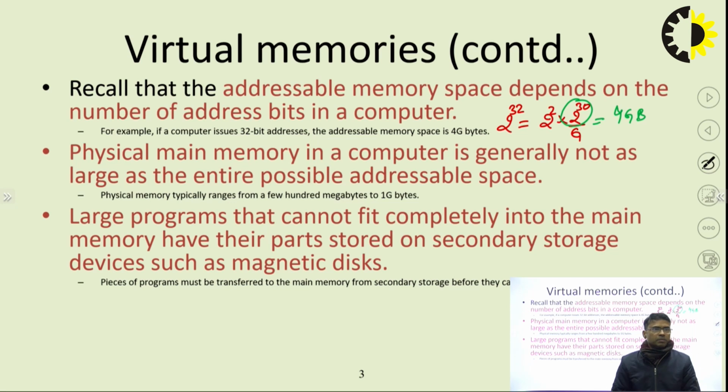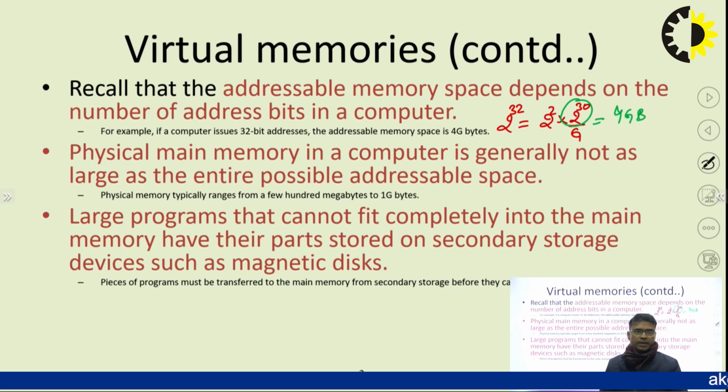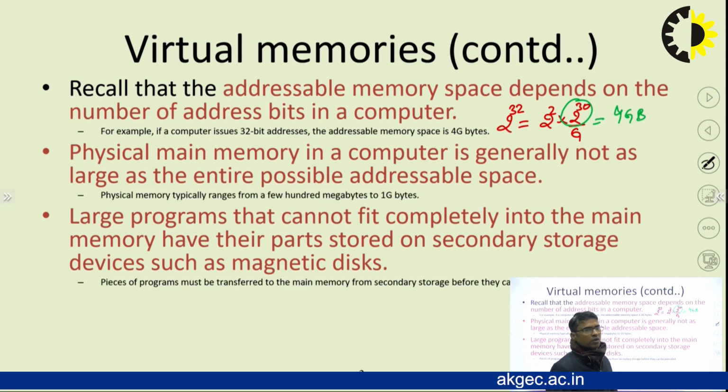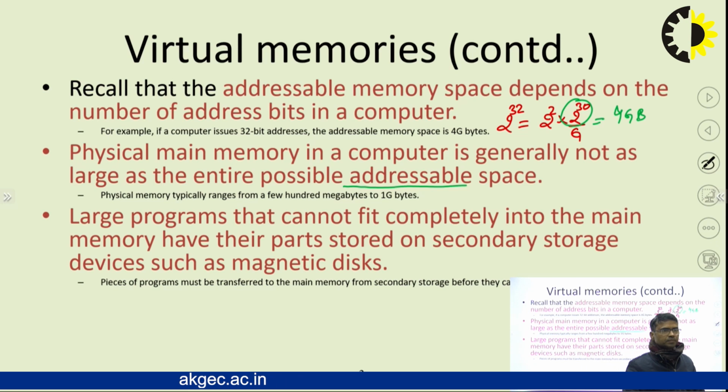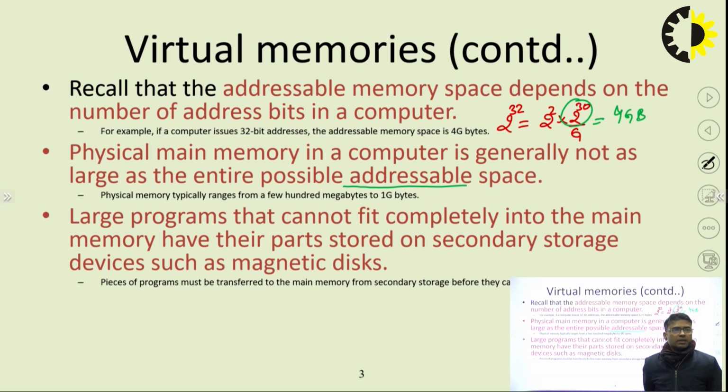The physical memory of a computer is generally not very large, and we do not have that much address space where a big program can come. Typically in commodity systems the RAM size is 1 gigabyte, but nowadays advanced concepts make it possible to have higher capacity memories.